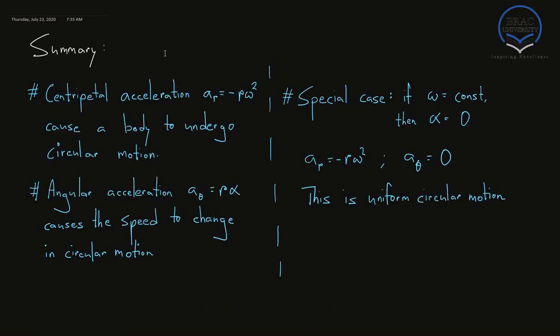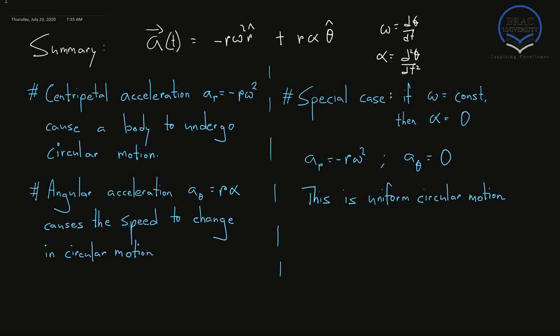In the general case, the acceleration vector at some instant in time in circular motion looks like the sum of a centripetal part, minus r omega square r hat, and a tangential part, r alpha theta hat. Remember that omega is d theta by dt and alpha is d square theta by dt square.